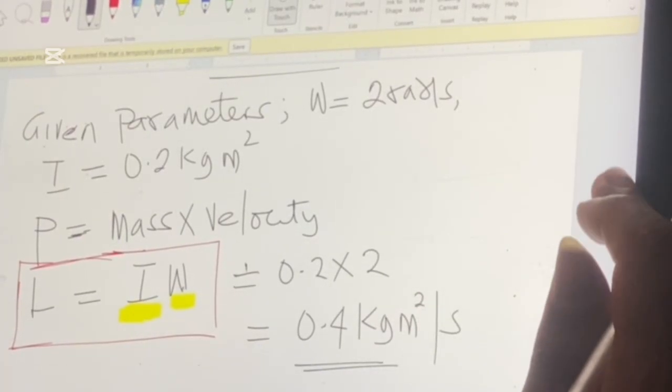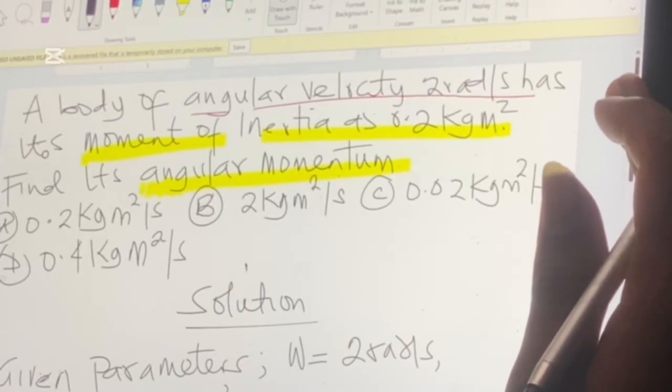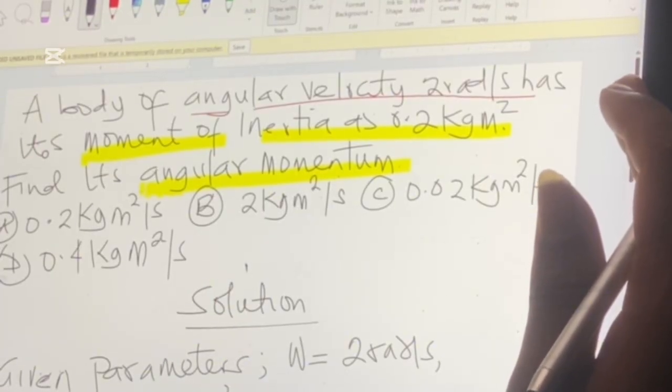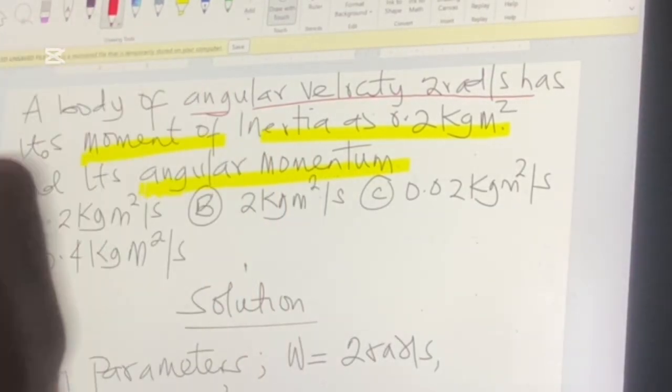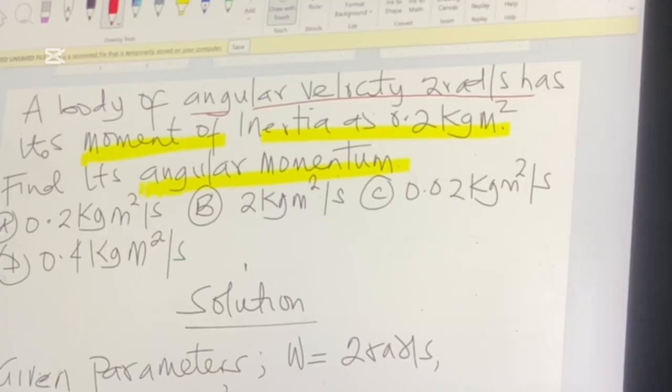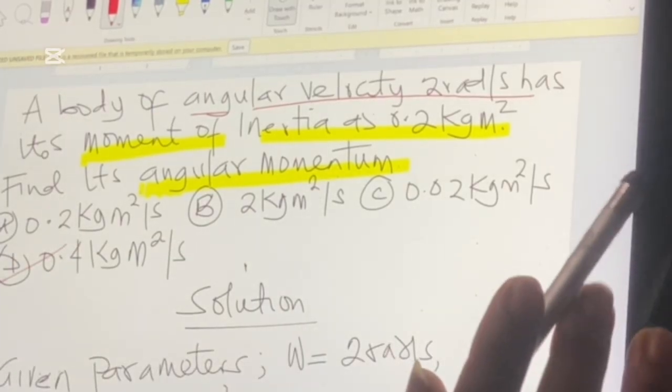When you look into the options, A is 0.2 kg meter squared per second, B is 2 kg meter squared per second, C is 0.02 kg meter squared per second, and D is 0.4 kg meter squared per second. So the answer is D.